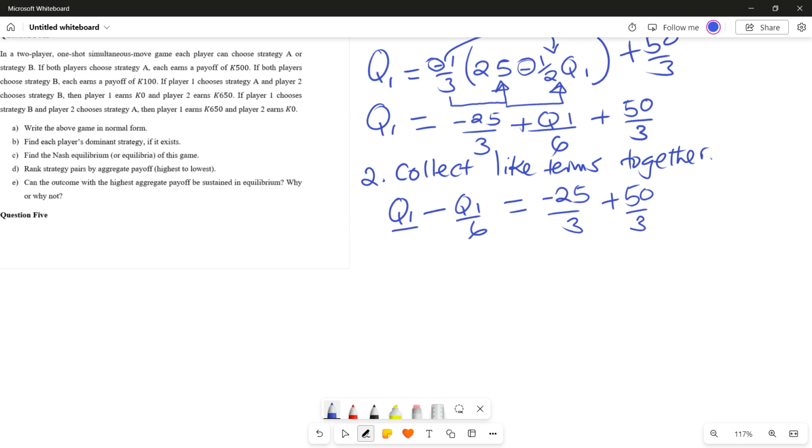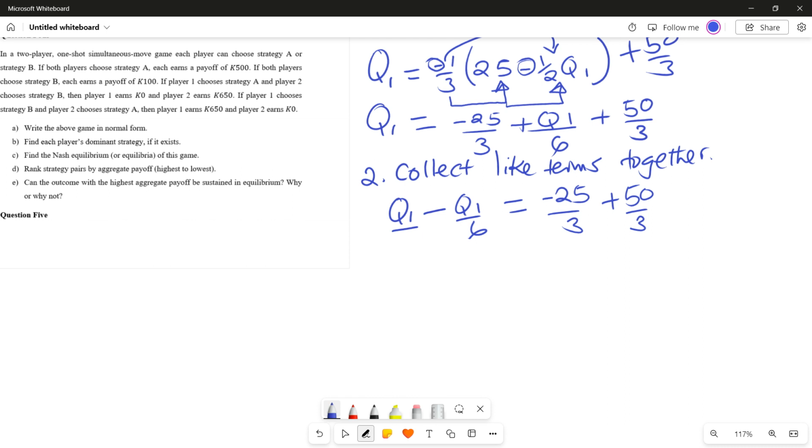So what we can do is to do away with the fractions, because some people really find it hard to deal with fractions.